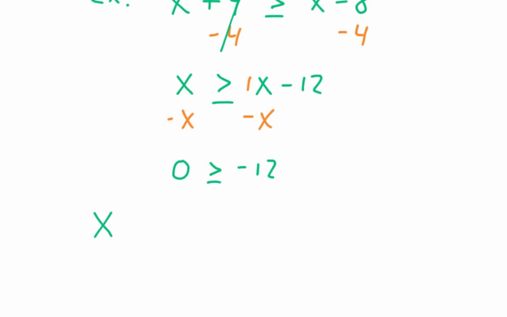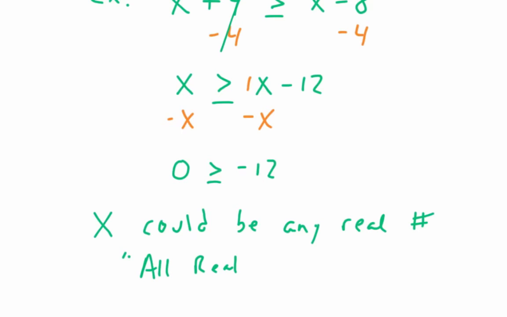X could be any real number. So I probably should have just said the solution right in the line, all real numbers. That's probably the best thing. Sorry about that. Kind of drew a blank. All real numbers.